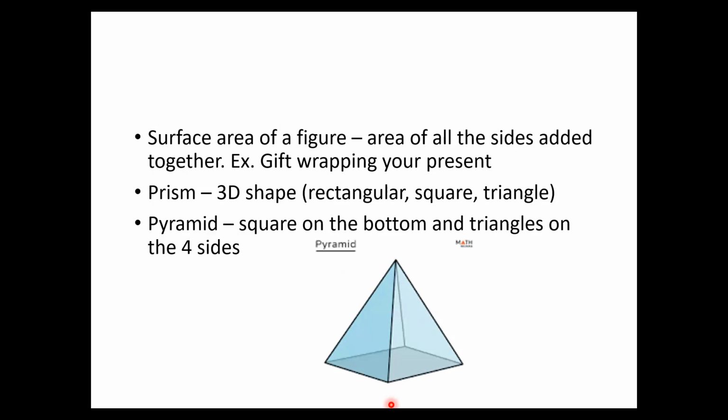Prisms, what are the three different shapes that you can have for prisms? Not pyramid. It could be a rectangle, triangle, and square. Remember that?